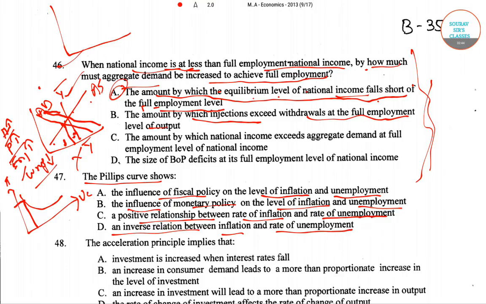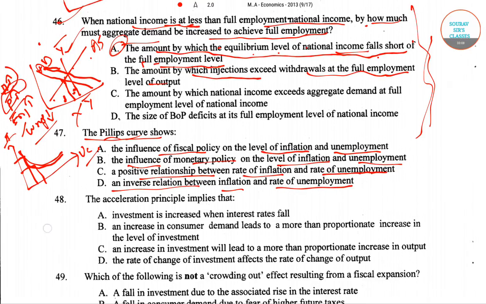So when inflation increases, the unemployment rate falls. Due to this opposite relation, the Phillips curve shows that the relationship between inflation and unemployment is negative, which is drawn with a curve like this. So when inflation falls, the unemployment rate increases.